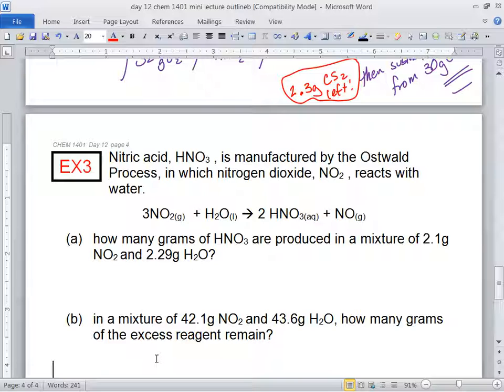There's a part B to EX3, and that part B I added in the morning. If you're flying through this, and if you're not sure what's going on here, now's the time to ask.